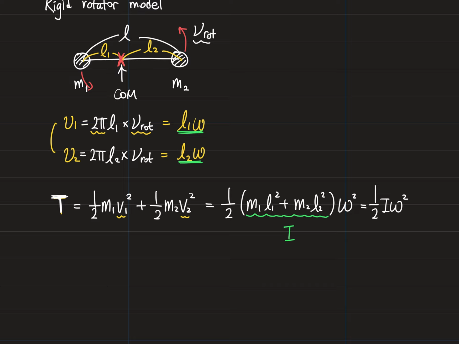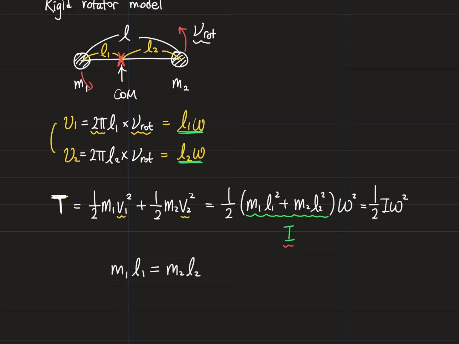And we can simplify this equation further. Let's take a look at the expression for the moment of inertia I. From the relation between the center of mass and the distances L1 and L2, we know that M1 multiplied by L1 should be equal to M2 multiplied by L2, right?